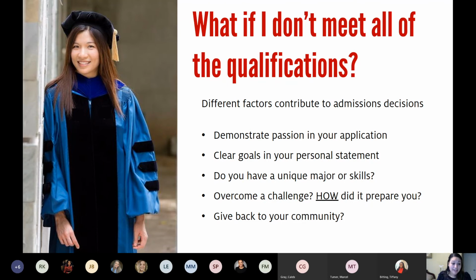And lastly, do you want to give back to your community? I've heard from different admissions committees who say, we want to see somebody who, when they graduate, wants to give something back, or wants to accomplish their goal but also do something in addition to having that graduate degree.